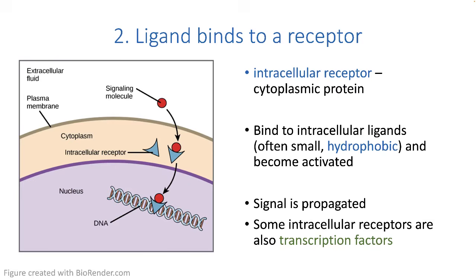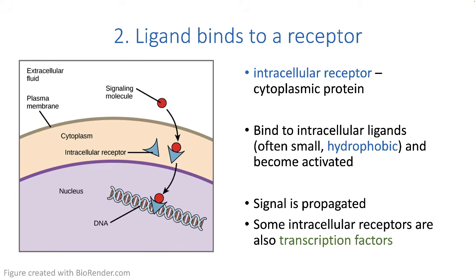Once the receptor has changed shape, it becomes active, and this initiates a series of events on the inside of the cell. However, some receptors are intracellular and exist in the cytoplasm of the cell. In that case, the ligand would cross the plasma membrane and enter the cell in order to bind to the receptor. That's more likely to happen, of course, when the ligand is a small hydrophobic molecule that's able to diffuse through the membrane into the cytoplasm, such as a steroid.